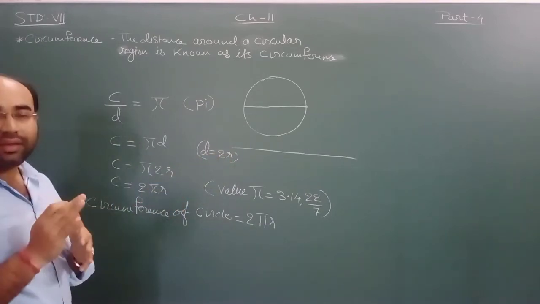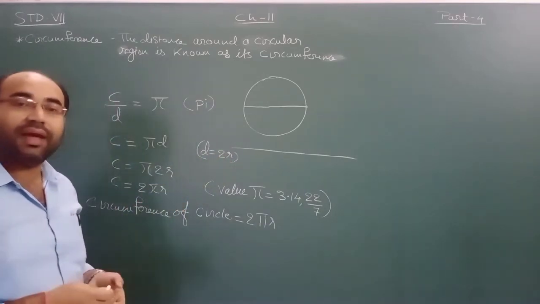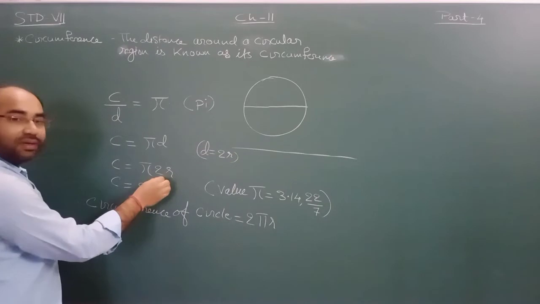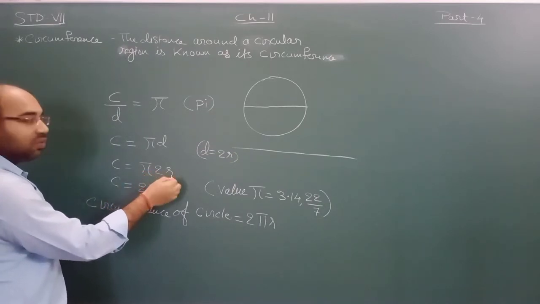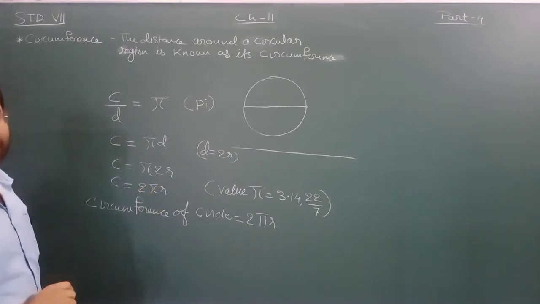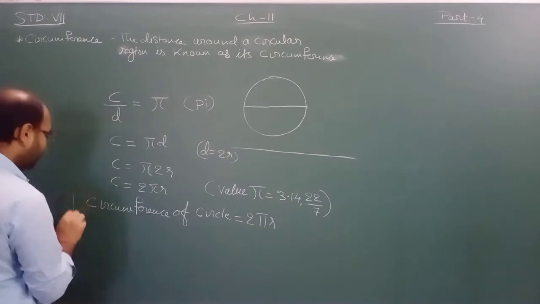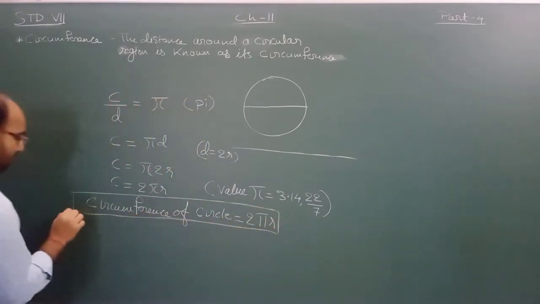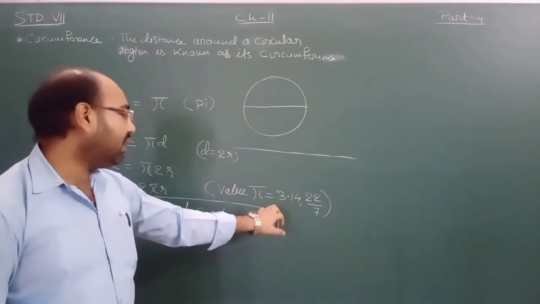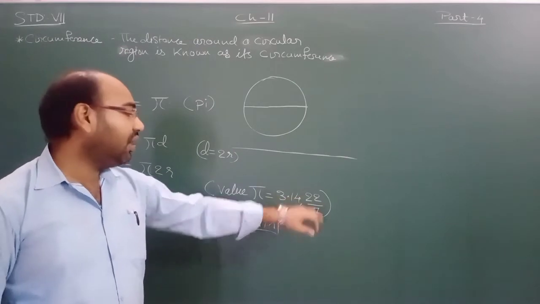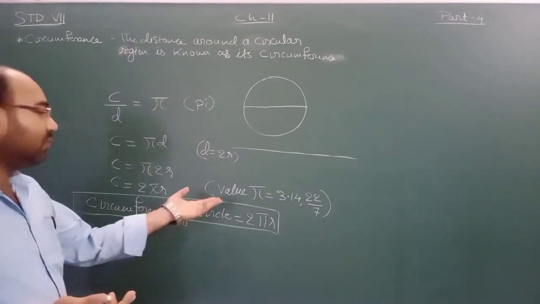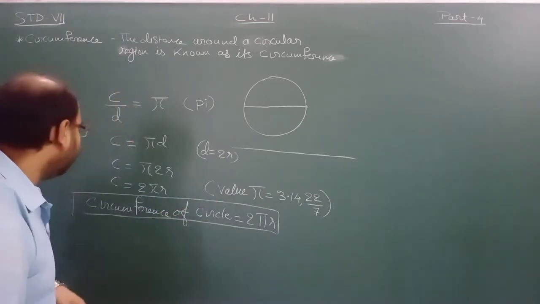Two radii together form one diameter. So in place of d we put 2r, so it becomes pi 2r, and when multiplied, it is formed as 2 pi r. This is the formula you have to apply whenever you want to find the circumference of a circle, and the value of pi will be 3.14 or 22/7. Any one of both can be taken, it will be one and the same.